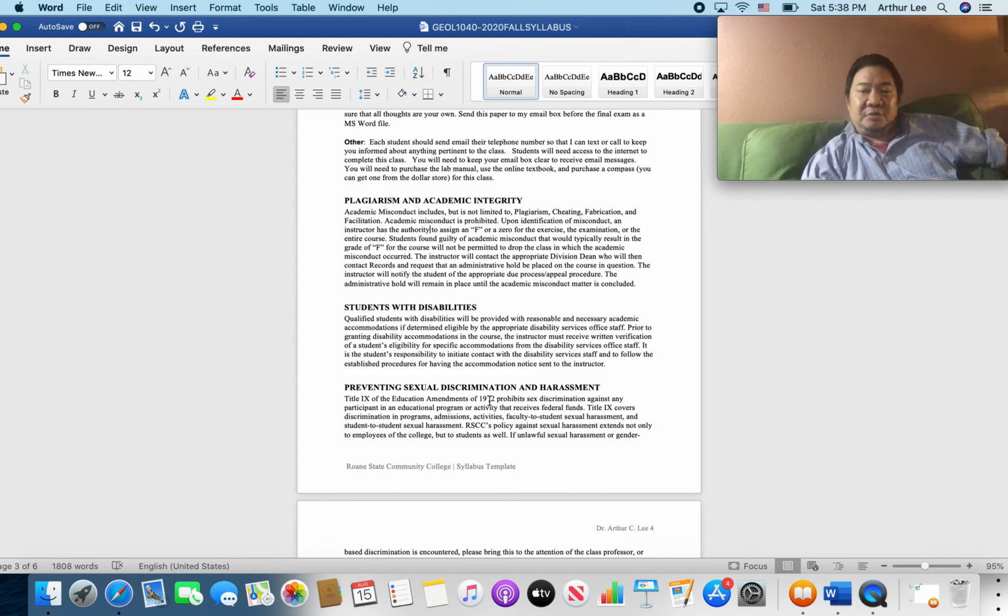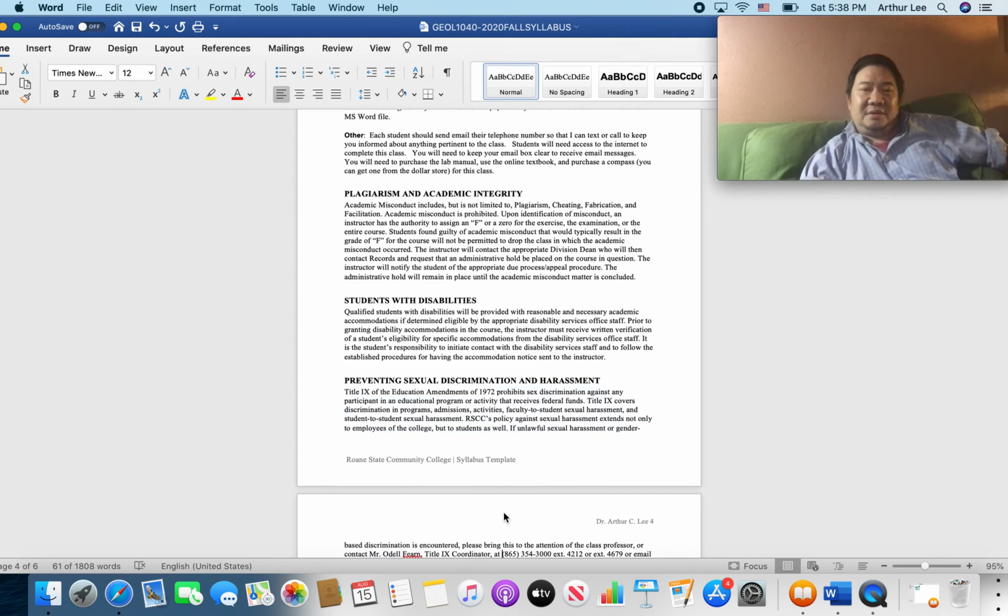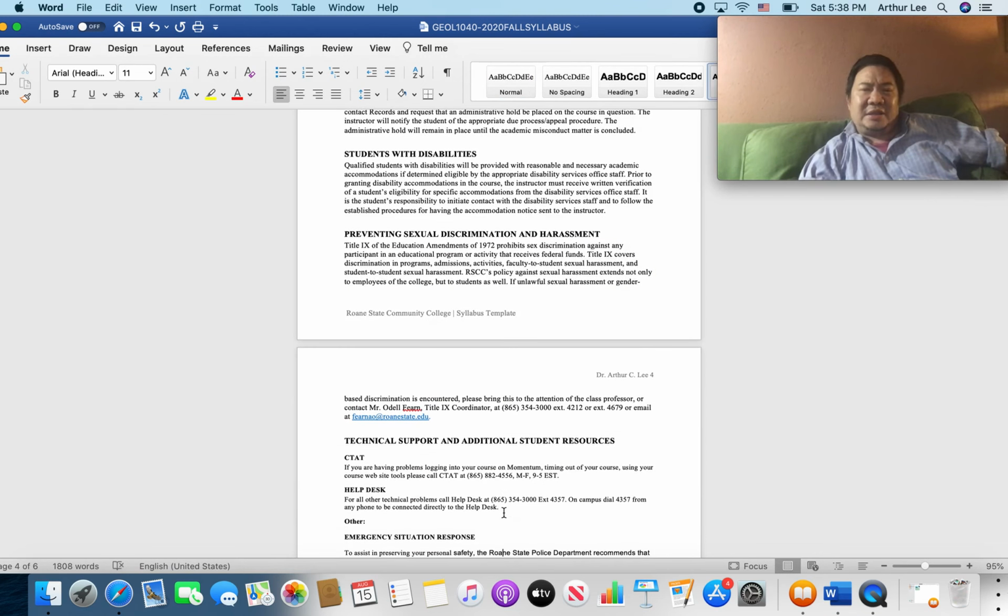Students with disabilities. Well, I guess it's different now because we're not actually meeting and we're not going on a field trip like we usually would do. But if there's a disability that you need me to work with you on, please contact your advisor, Jeff Snell, or I can't remember the other people's names, whoever your advisor is, and tell them, I need an extra hour on the test or whatever it is.